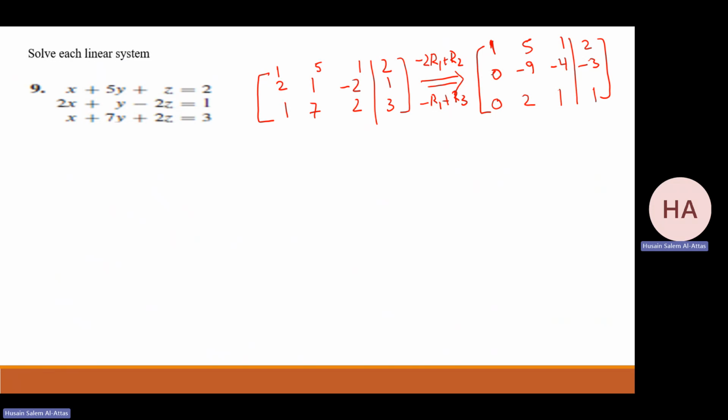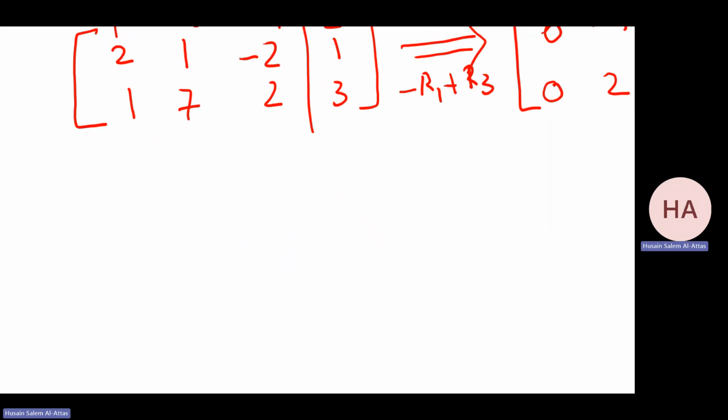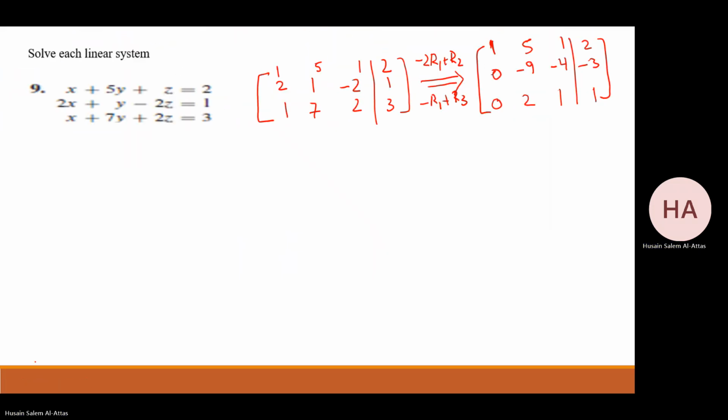I can do it with the fractions. Let me do it with the fractions. See what will happen. So I need this to be 1. So first, I multiply by minus 1 over 9, R2. Only R2.